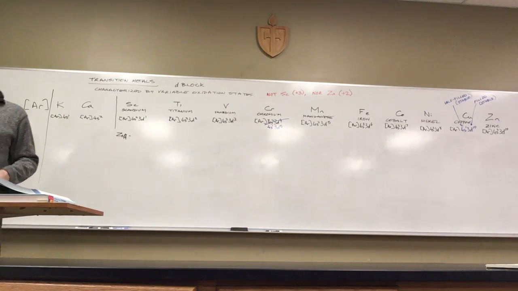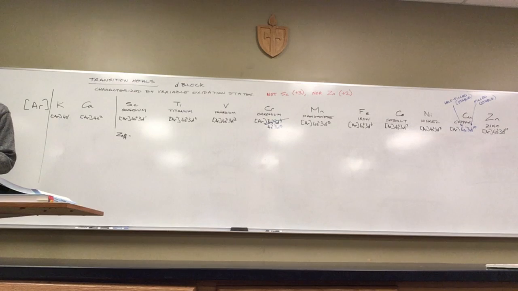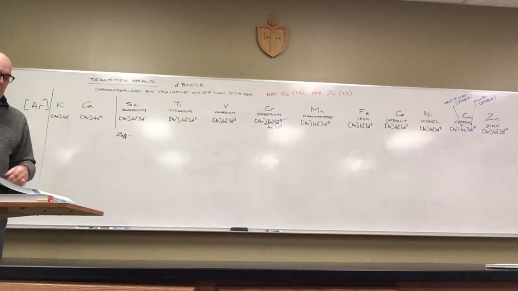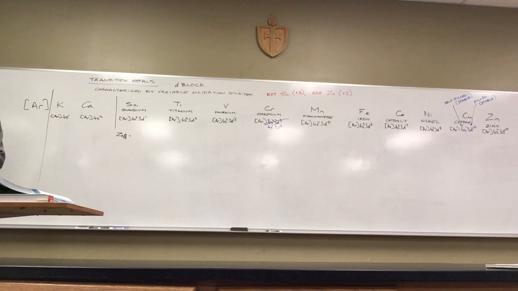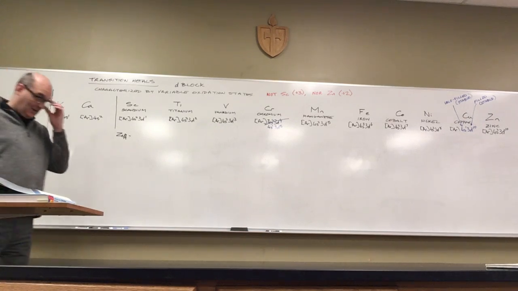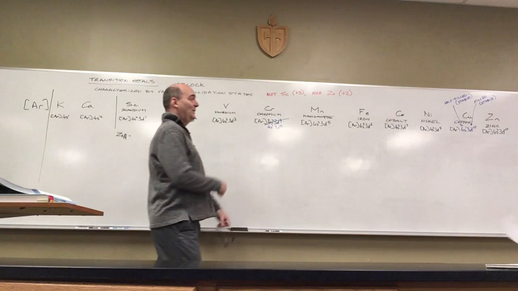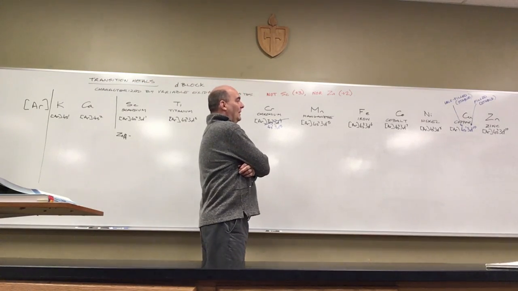Z effective, what does Z effective represent? The attractiveness of valence electrons to the nucleus. Why would electrons be attracted to the nucleus? Because electrons are negative and the protons are positive, and the protons are in the nucleus.